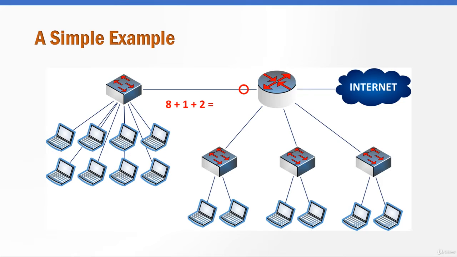In total, that's 11 IP addresses for the largest network. For the other 3 networks, we need 2 IP addresses for the 2 laptops, plus 1 IP address for the router interface, plus 2 IP addresses for network ID and broadcast. In total, that's 5 IP addresses for all of these networks.